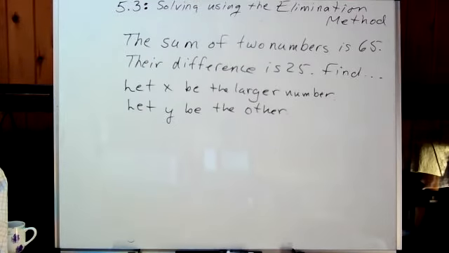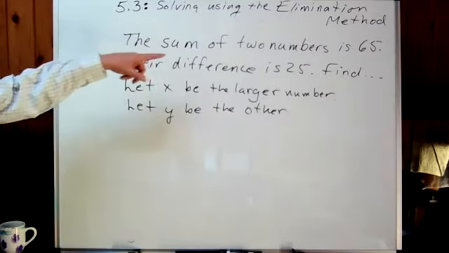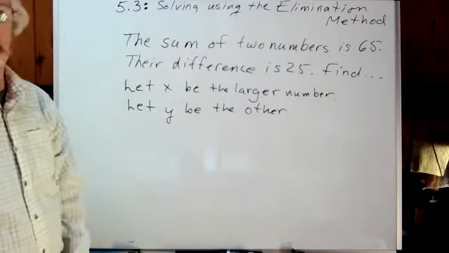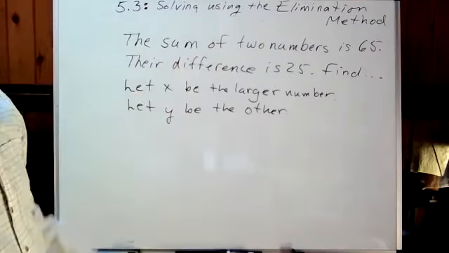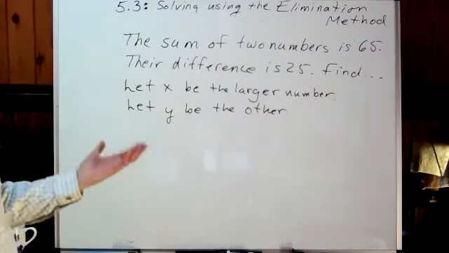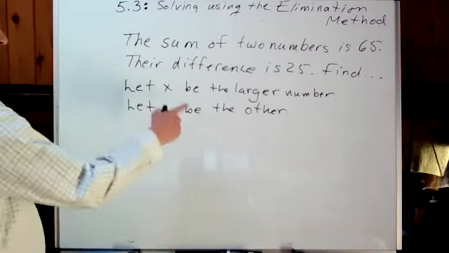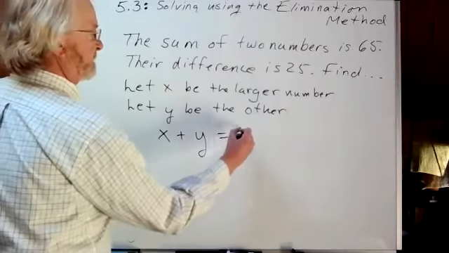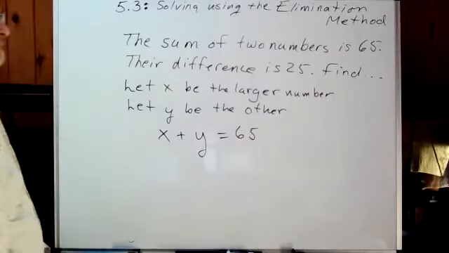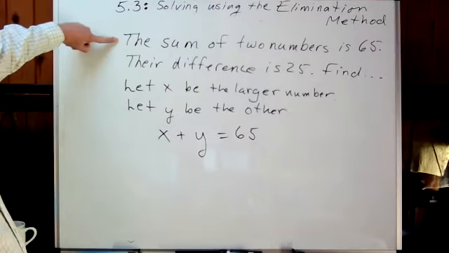So I have 2 numbers. This one says the sum of those 2 numbers is 65. The sum of these 2 is 65. There's the information to write one equation. Add them together. x plus y is supposed to equal 65. Hopefully that's pretty clear.